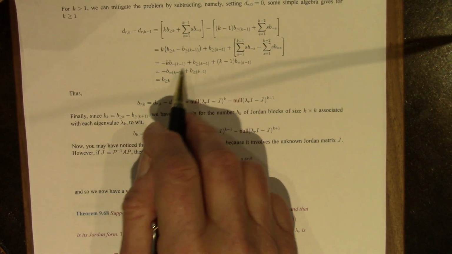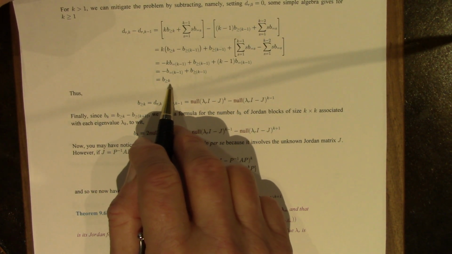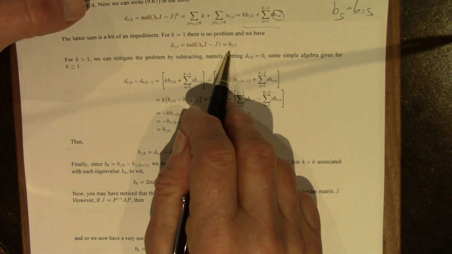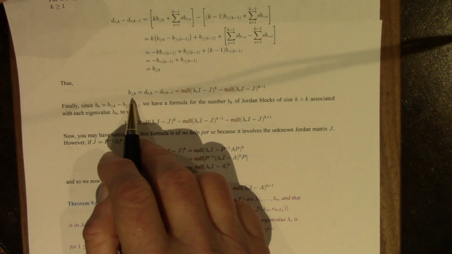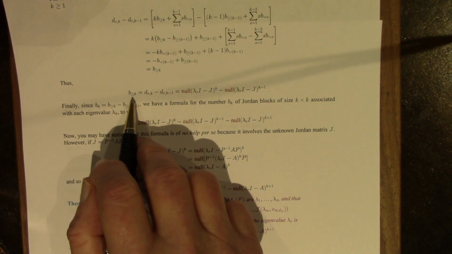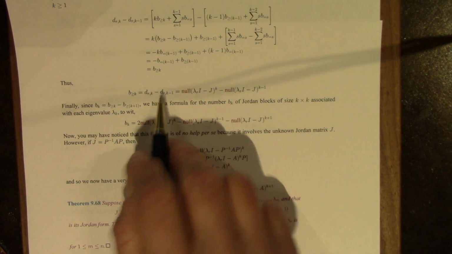And lo and behold, it all really simplifies, and it comes down to b sub greater than or equal to k. It's very nice. So it matches this one. So b sub greater than or equal to k, the number of blocks of size at least k, is the difference between these 2 d's.